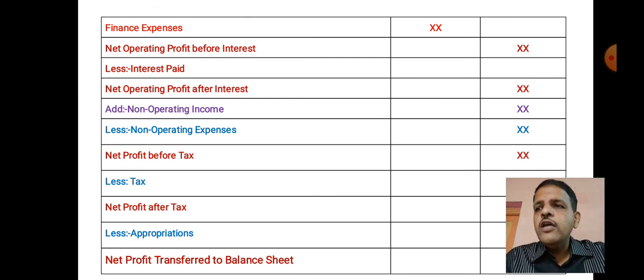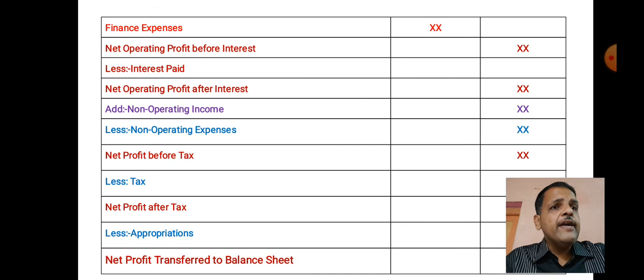It includes loss on sale of fixed asset, loss on sale of investment, compensation paid, fine paid, penalty paid, fictitious asset written off. All these are non-operating expenses and we have to deduct them from net operating profit after interest. After adding non-operating income and deducting non-operating expenses, we get net profit before tax.